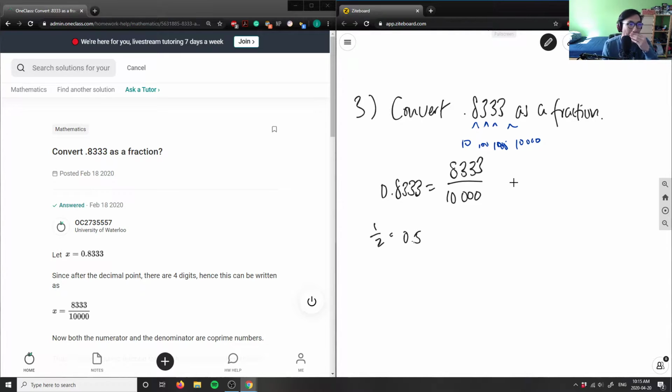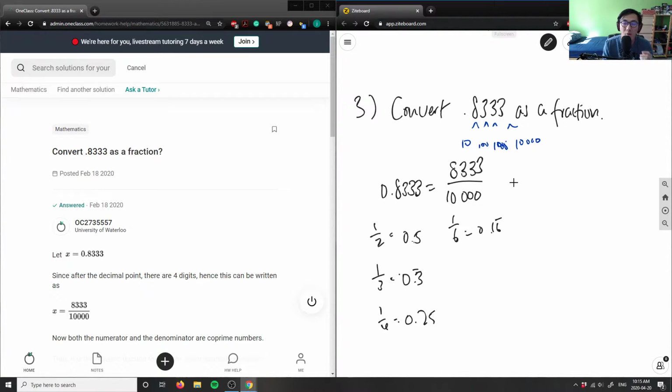That's a very common decimal. Or 1/3 would equal 0.3 bar, where bar means just a repeating number. 1/4 is 0.25. 1/6 is 0.16 bar, and so on.